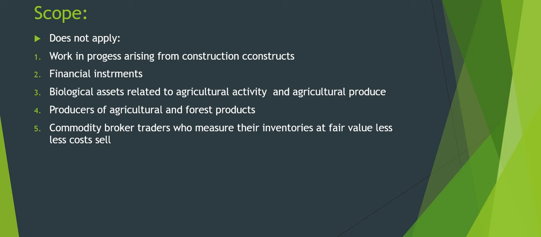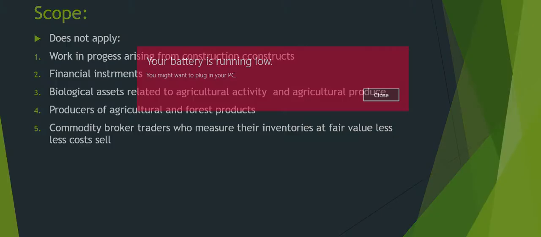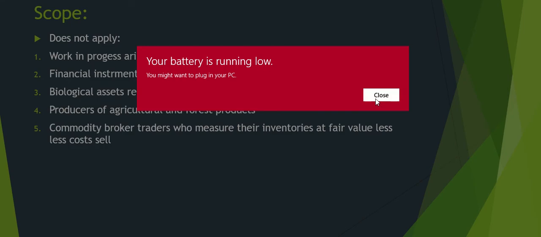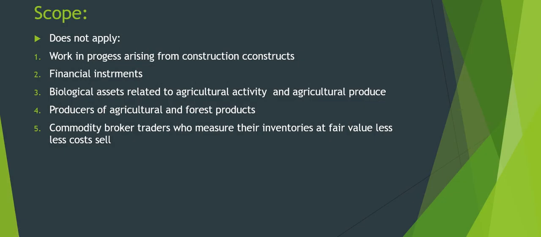Then the financial instruments, then the biological assets. Biological assets relate to agricultural activity produce or mineral and mineral products, etc., at the time of harvest, and the producers of agriculture and forest products, the mineral products, all this will not come under this particular standard.